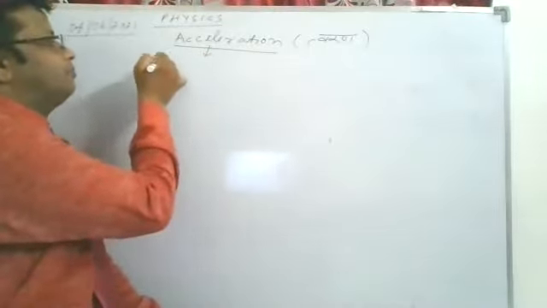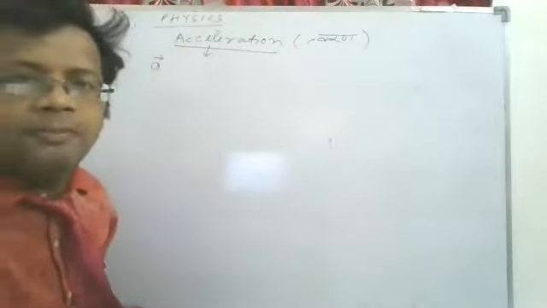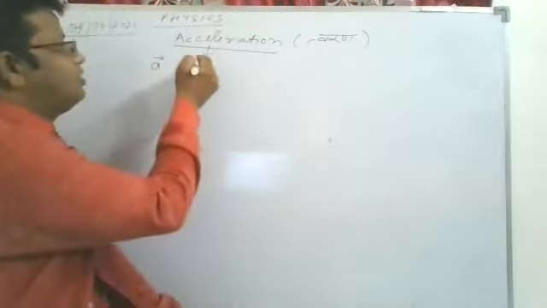The symbol is A. Why is the symbol A? Because this is a vector quantity, so the symbol is A. What is acceleration?